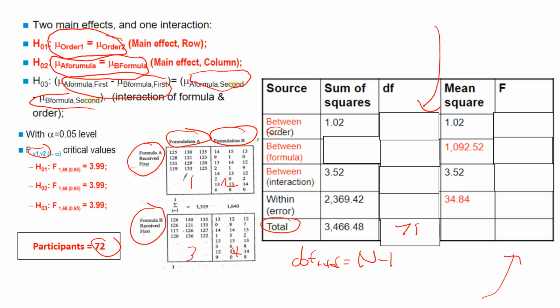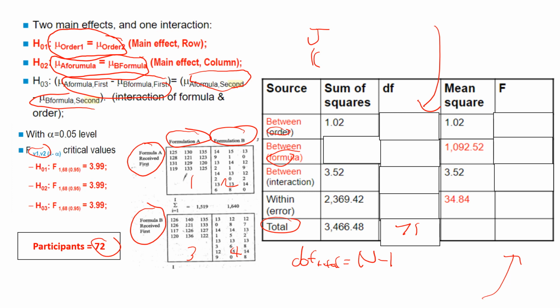The next easiest thing to do is probably the degrees of freedom between, which in this case, Dr. Guo put order. Again, this doesn't really matter. This will be our J value, and degrees of freedom for the formula, essentially. This is also between, sorry. And this will be our K value. These are simply the number of conditions for each.